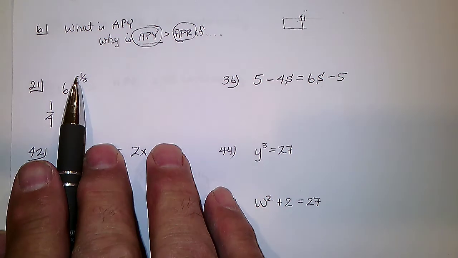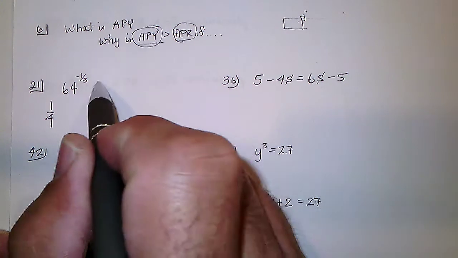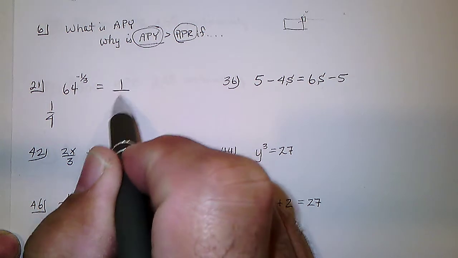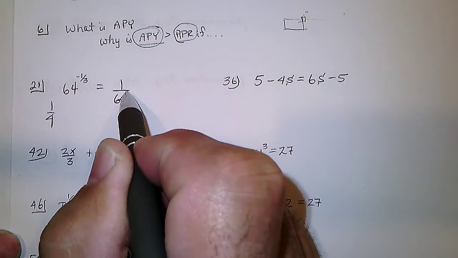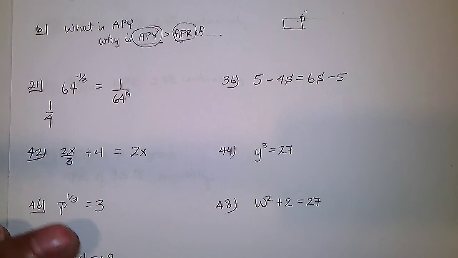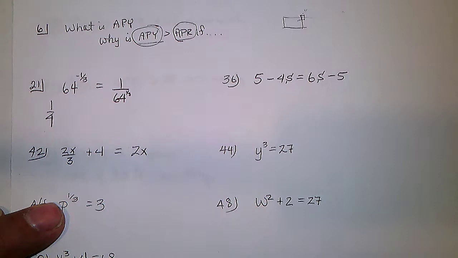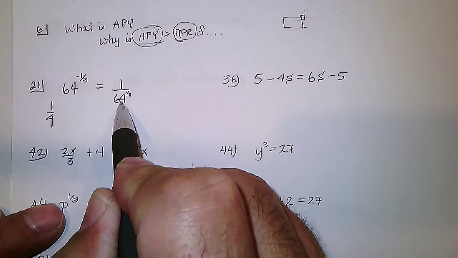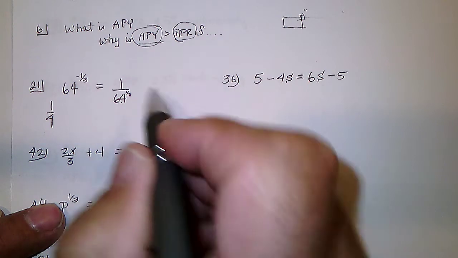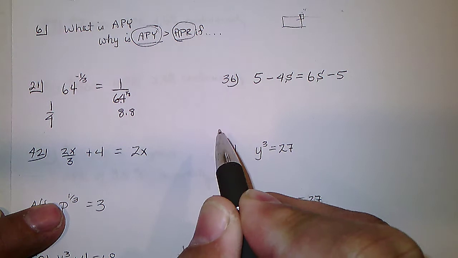Well, first of all, a negative on the exponent means we're dividing. So this is really 1/64 to the 1/3. Now, 64 to the 1/3, this is the cube root. It's saying what times itself 3 times makes 64. Well, 64 is 8 times 8, you know that, I hope.